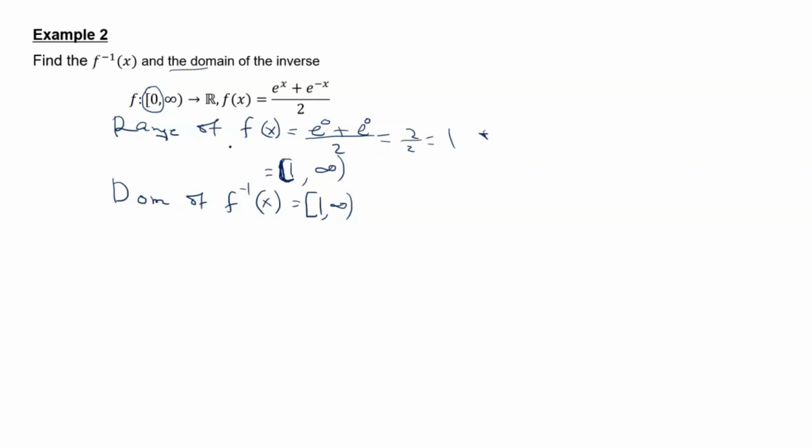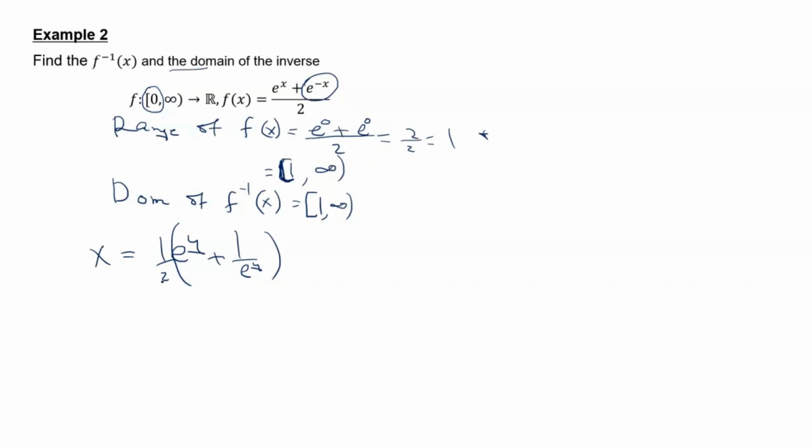All right, now we need to swap. So I'm going to say x equals e to the power of y, so we need to rewrite. I'm going to put a bracket, take this as a fraction, and write this as a fraction as well: 1 over e to the power of y. So I've taken wherever I have x and replaced with y, and where I had y, which is f of x, replaced with x.